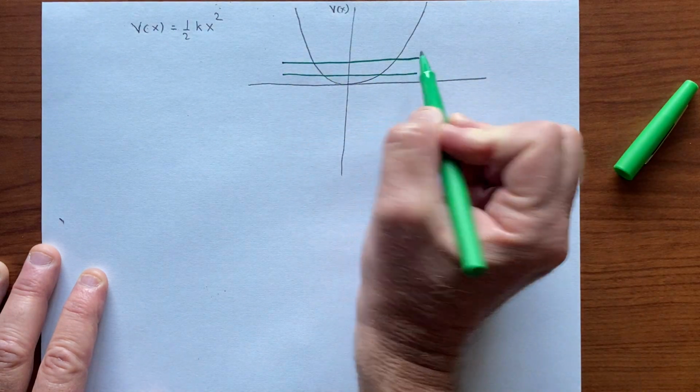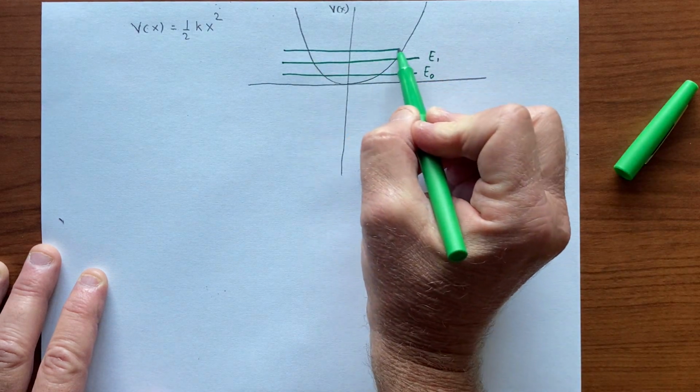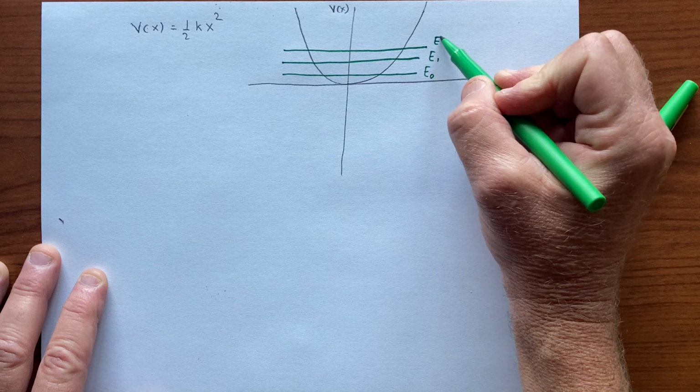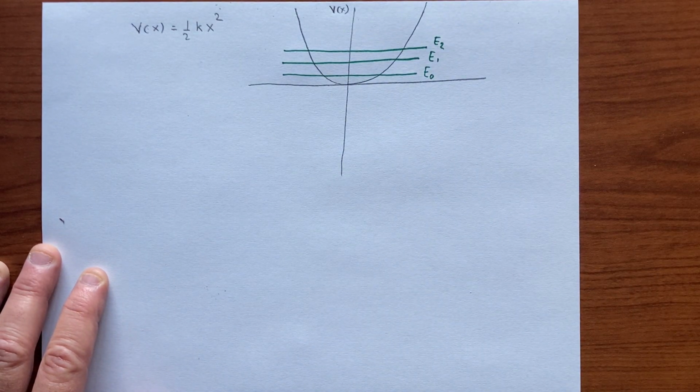Then we have an excited state and an additional excited state and so on. Let's draw these functions. So they have to respect the symmetries.